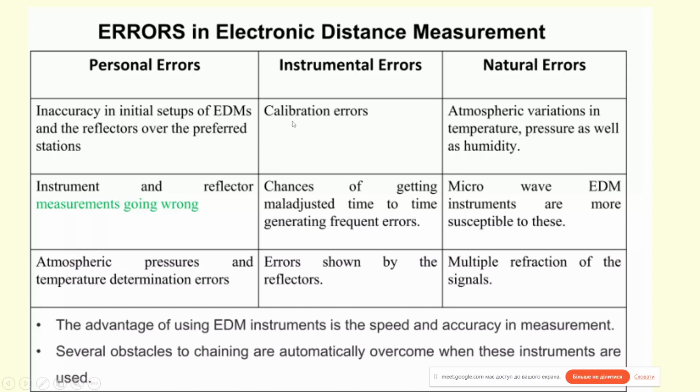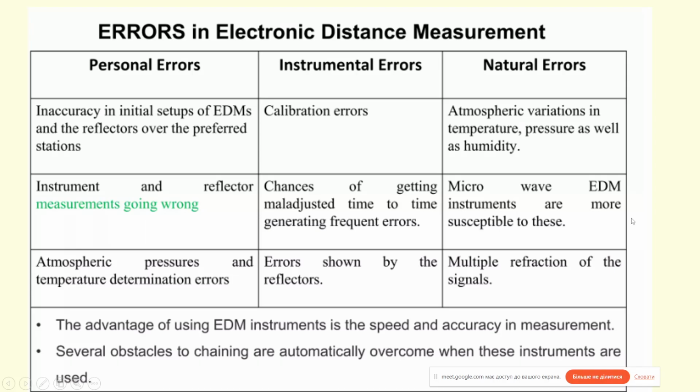Instrumental errors. There are calibration errors, chances of getting maladjusted from time to time generating frequent errors, and errors shown by the reflectors. And natural errors: atmospheric variations in temperature, pressure, as well as humidity.